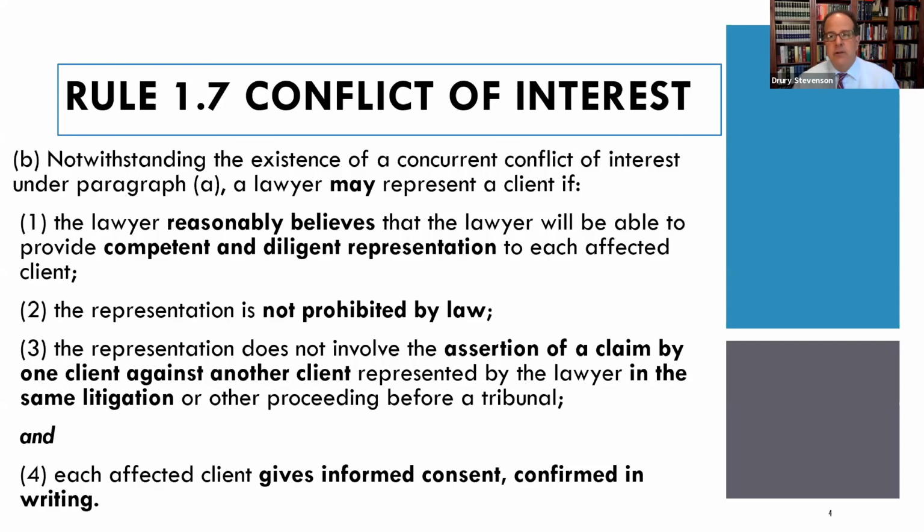They're both already your clients. You're already both of their lawyers. You have a conflict under 1.7. If they both agree to have you represent them, and it's informed consent, you explain to them the pitfalls of this, which we will talk about later, and they still agree, and they put it in writing. Always check for that in your questions. It has to be in writing.